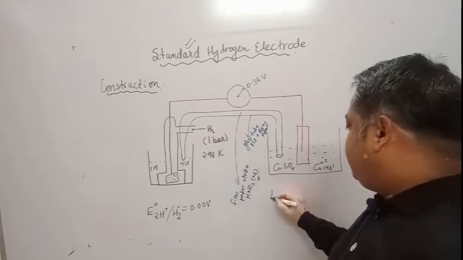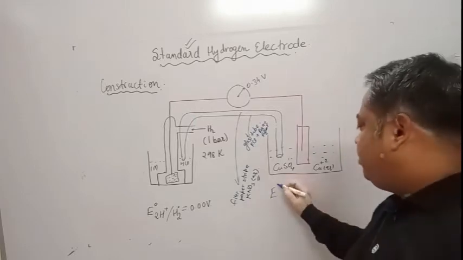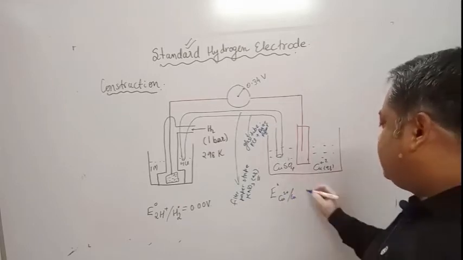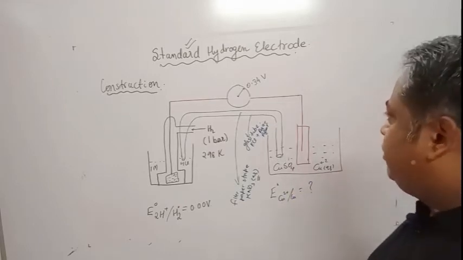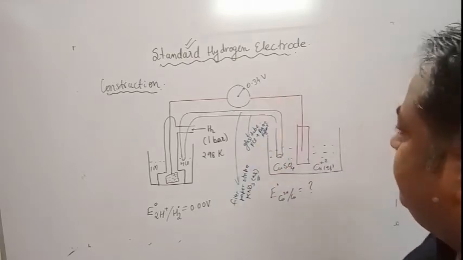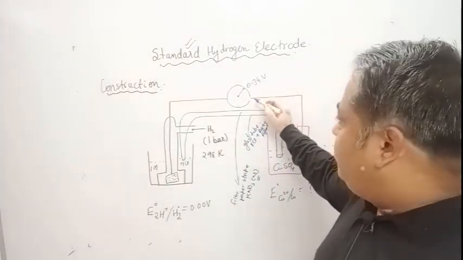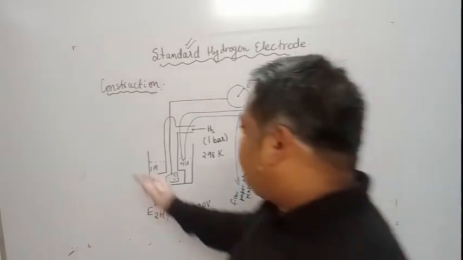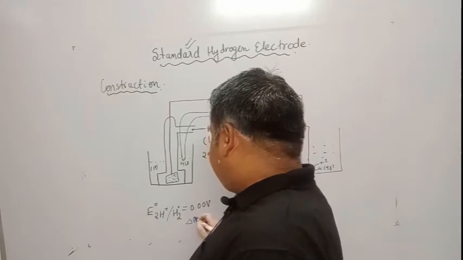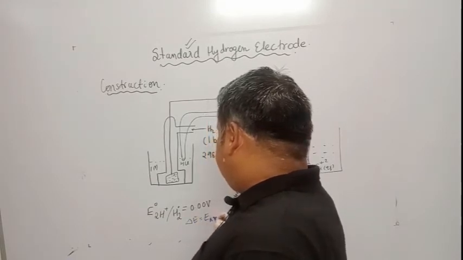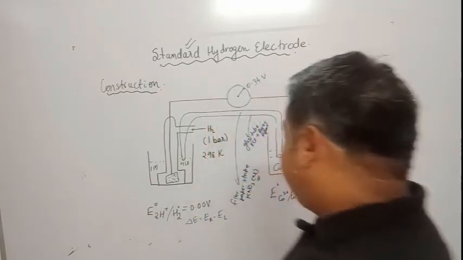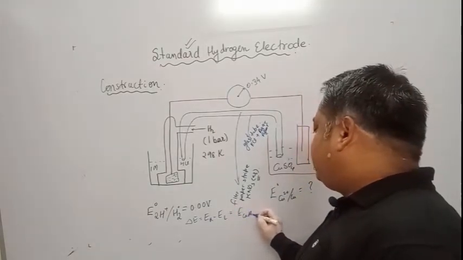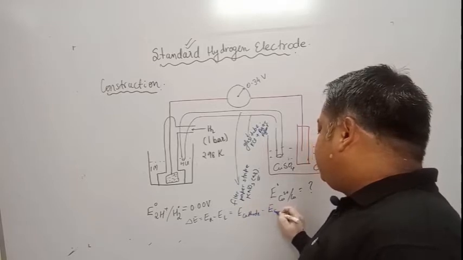So say the electrode potential of copper 2 plus ion reducing to copper is not known to us, but we know the net EMF of the cell with the help of the voltmeter. So we know that the net EMF of the cell, delta E, is equal to E right minus E left, that means E cathode minus E anode.